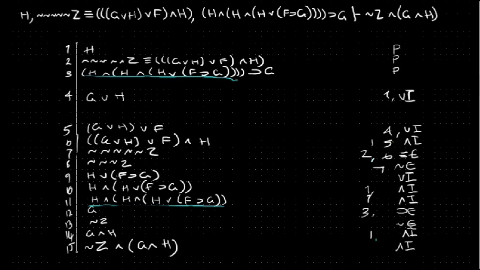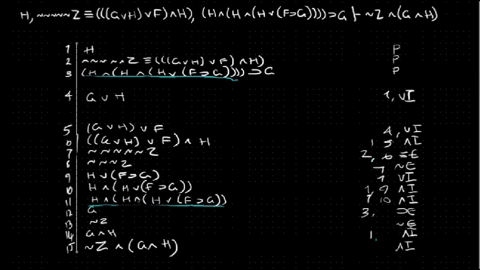We got H or F then G from 1 and disjunction introduction. Right, H is up here, just introduce that. Then we got H and H or F then G from 1 and 9. 1 and 10 gave us the next line, with conjunction introduction. Sorry.